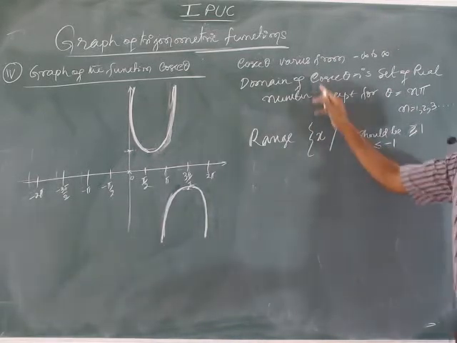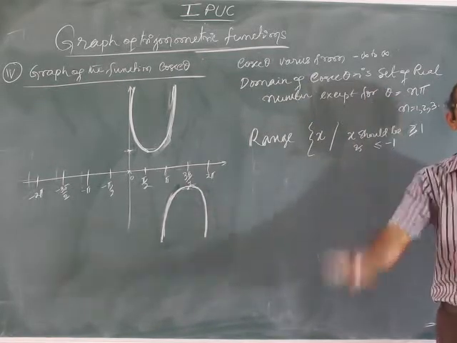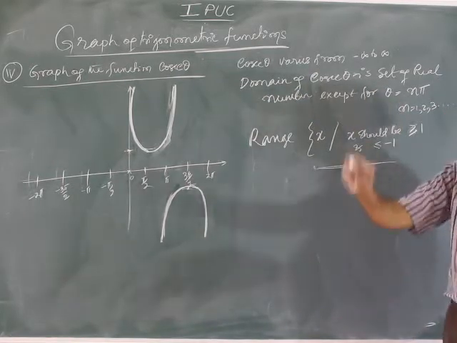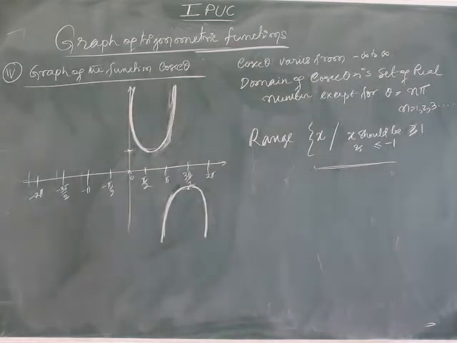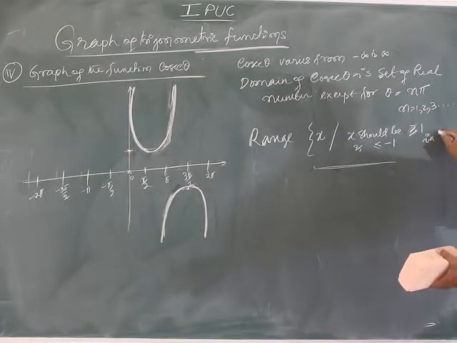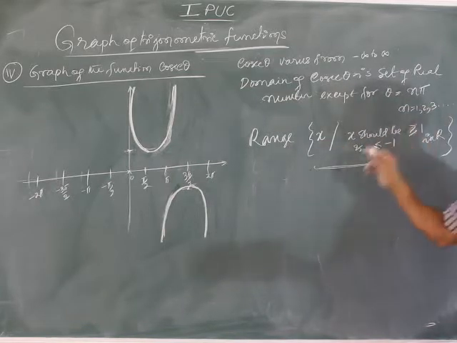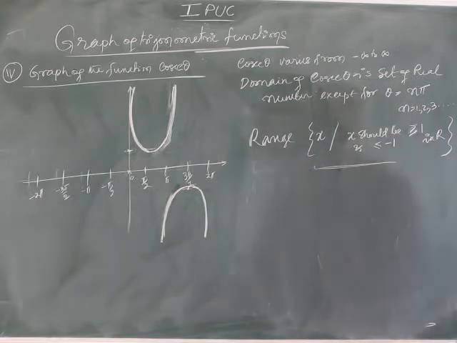And the range of the cosecant will never take a value in between minus 1 and 1. Remember that. So this is the range. Range is the set of all x in the real number set R such that it should be greater or equal to 1 only, or it is less or equal to minus 1 only.